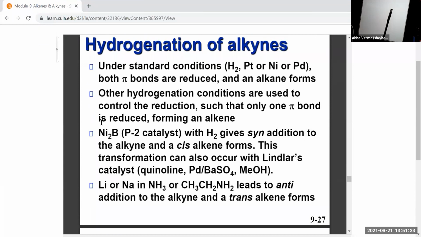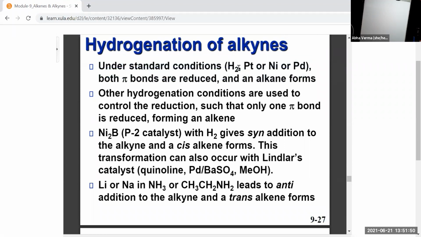the next reaction that we should look for alkyne addition, which is the hydrogenation of alkynes. Now, it is stating here that when you have standard conditions, and we did these standard conditions with what? Alkene, right?